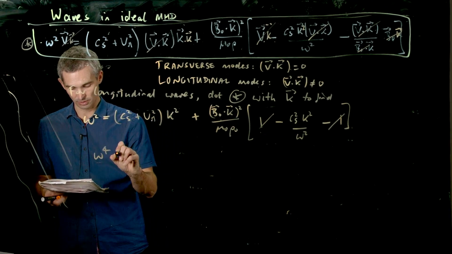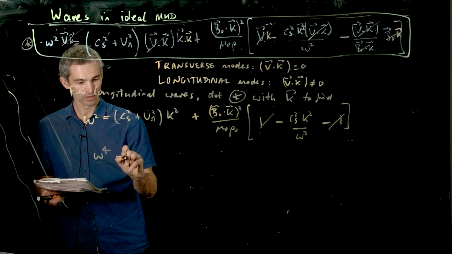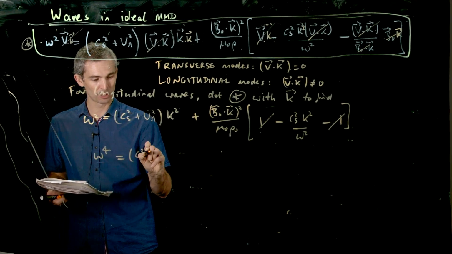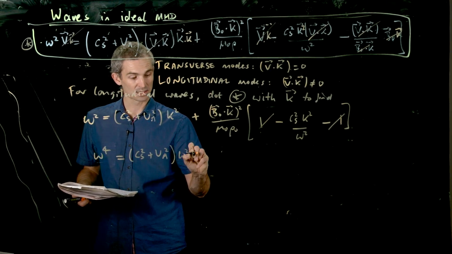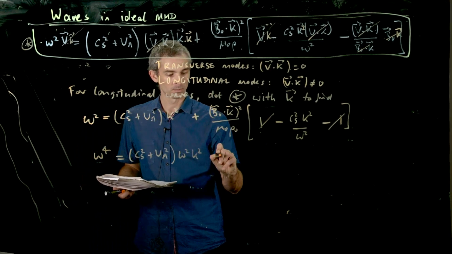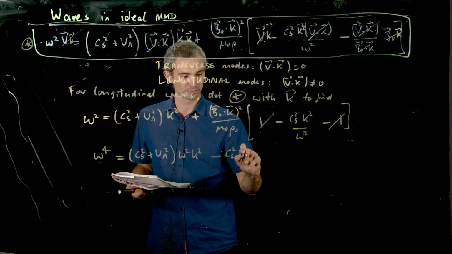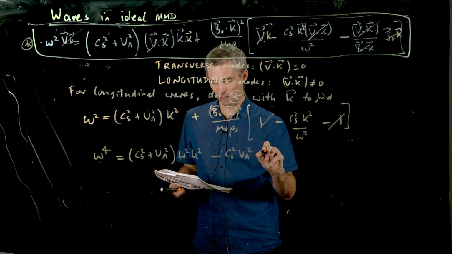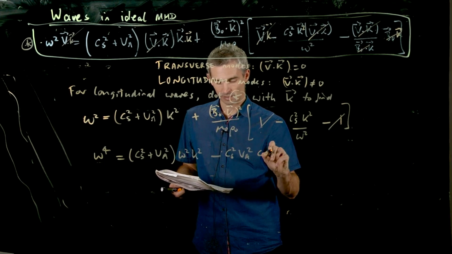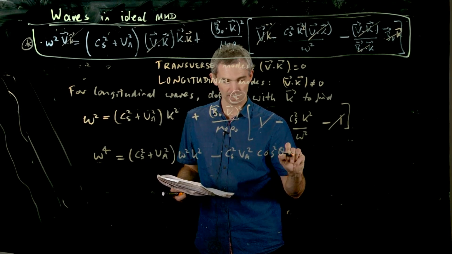It is equal to sound speed squared plus the alphane speed squared, omega squared k squared, minus sound speed squared times alphane speed squared. And again, we can replace this b naught dot k with a cos squared theta k squared.